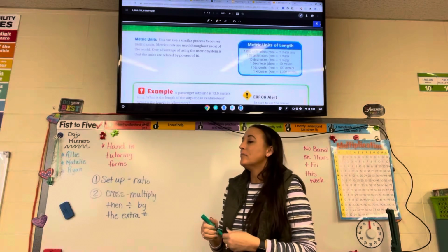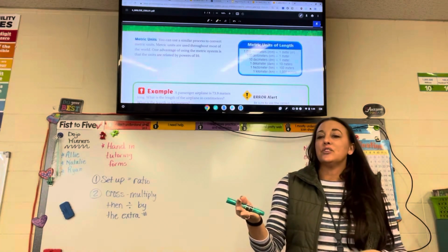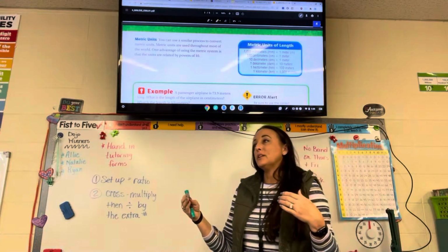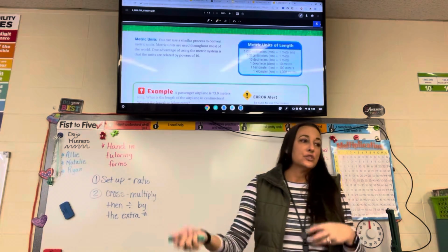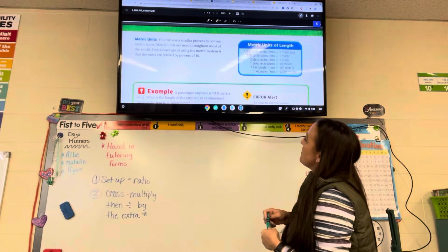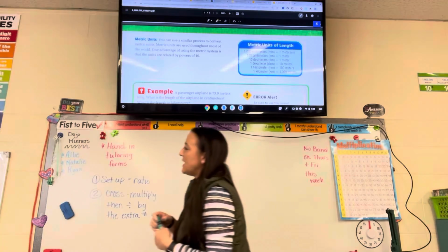There are some jobs that use metric, like you mentioned earlier, construction workers. So there's different tool sets that are in metric versus customary.